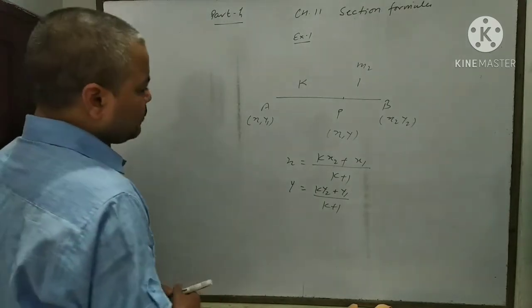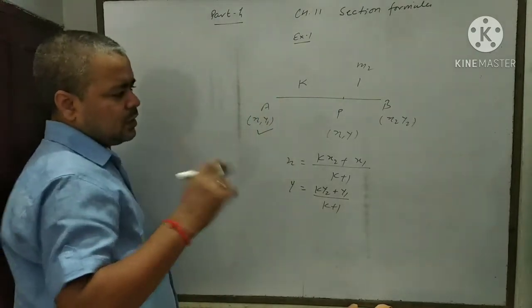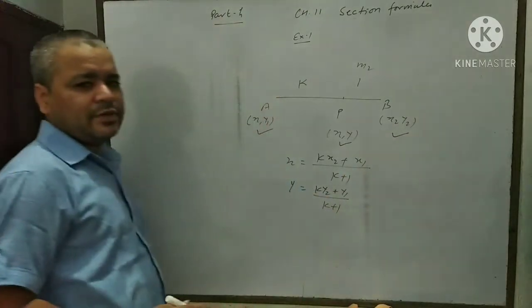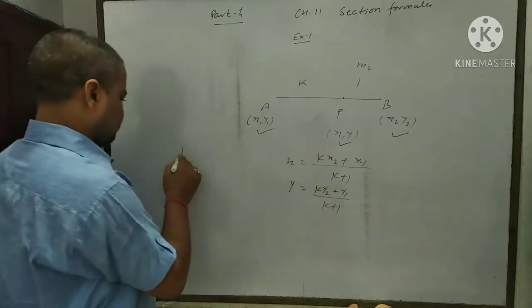Now, if the value of x1, y1 is given, the value of xy is also given, and the value of x2, y2 is also given, then we can find the value of K here.